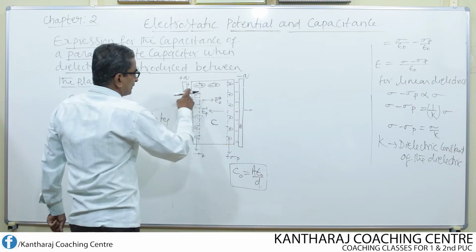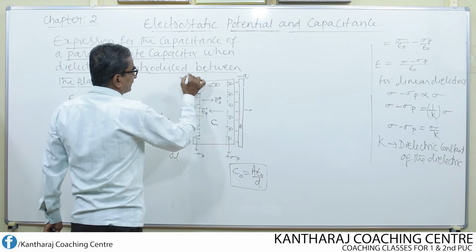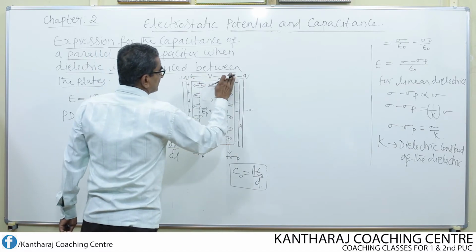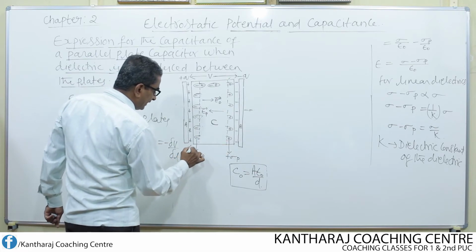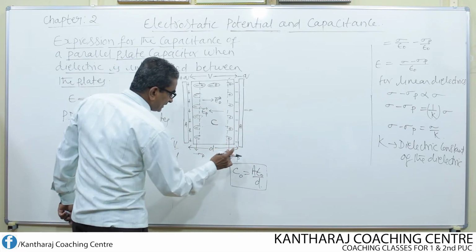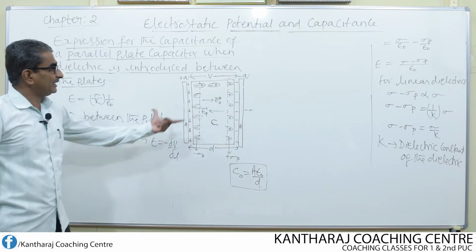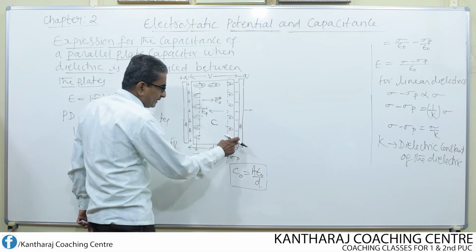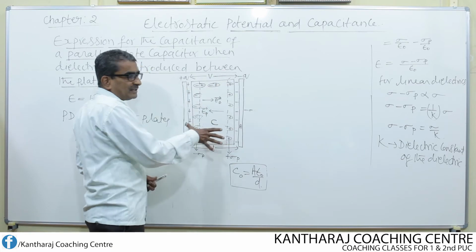The potential difference between the two plates is taken as V, and the distance of separation between the two plates is taken as D. Remember, this distance of separation is also the thickness of the dielectric slab.